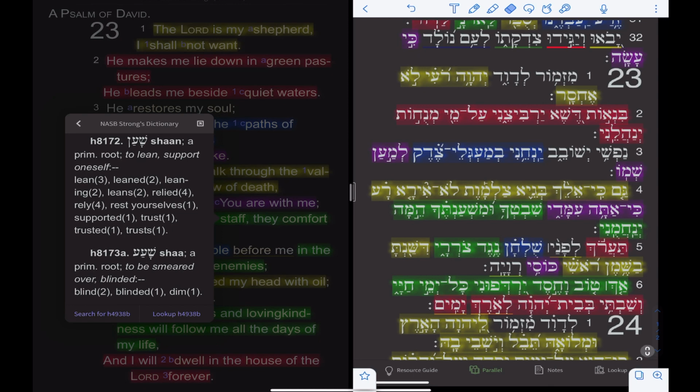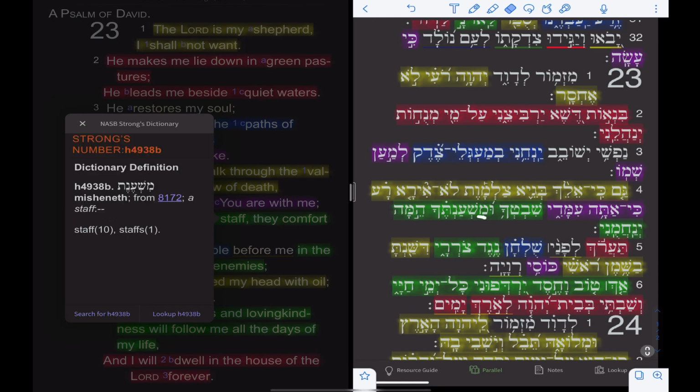Again, we have that idea of leaning on the shepherd's staff, right? The vav is and then here you can see the shoresh, mishanet. And the kaf is once again, just like Shabbat, is your. So u mishanetecha is and your staff.